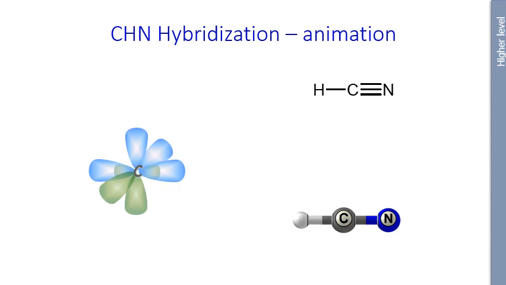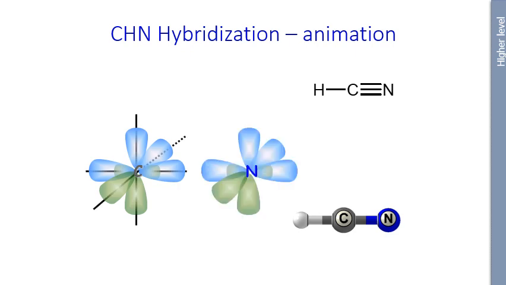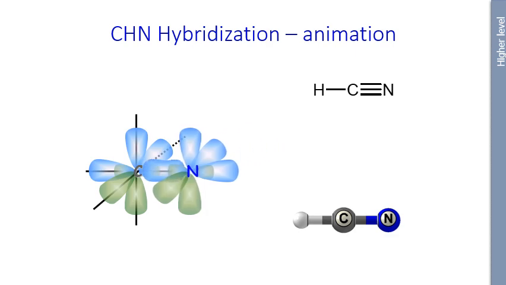So let's look at the example of hydrogen cyanide. In hydrogen cyanide, what you have is basically a carbon and nitrogen atom, and the sp hybridized orbitals of carbon and nitrogen overlap to form a sigma bond.